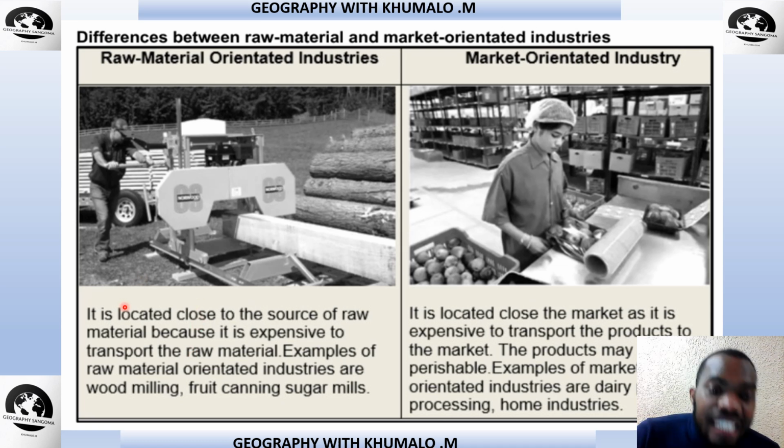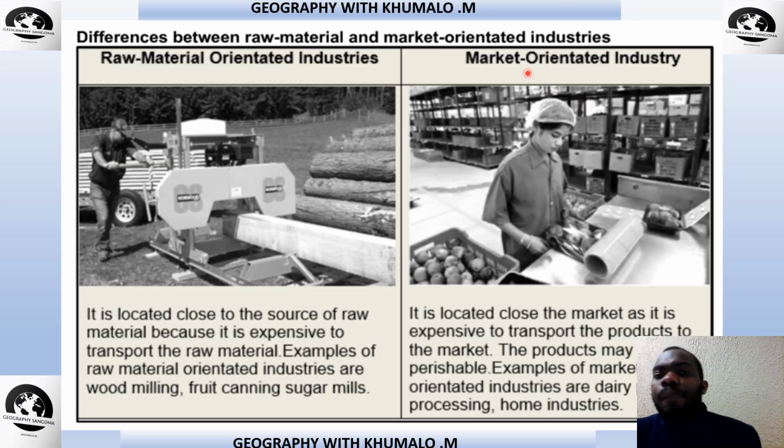I am saying this because it is located close to the what? To the source of raw material. Why is it located there? It's because it is expensive to transport the raw material. Examples of raw material-orientated industries are windmilling, fruit canning, and sugar mills.